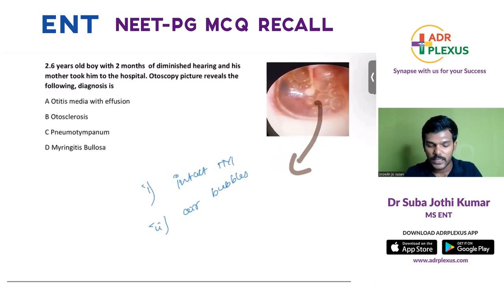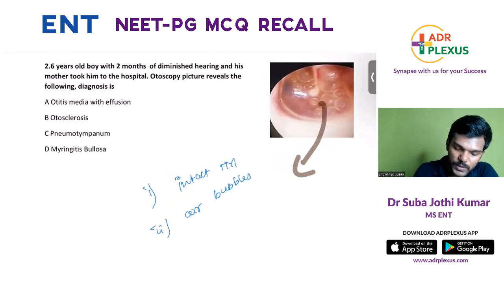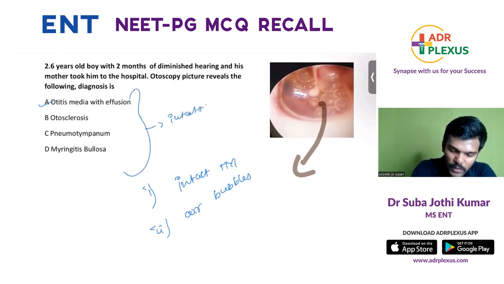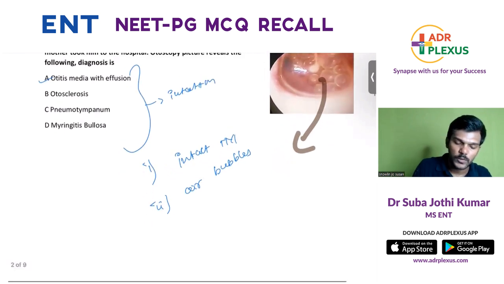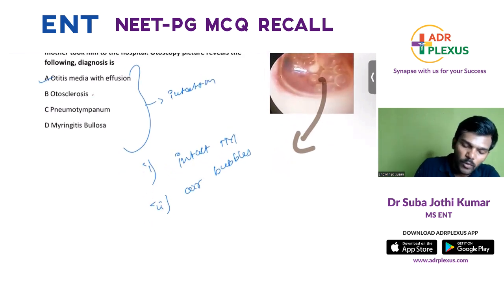So let's read out the options. First, otitis media with effusion. It could be, yes, that is the correct answer. Then what about otosclerosis? All these conditions will have an intact tympanic membrane. That is an important clue that I've given. Then how could you differentiate between these? In otosclerosis, what could you see?